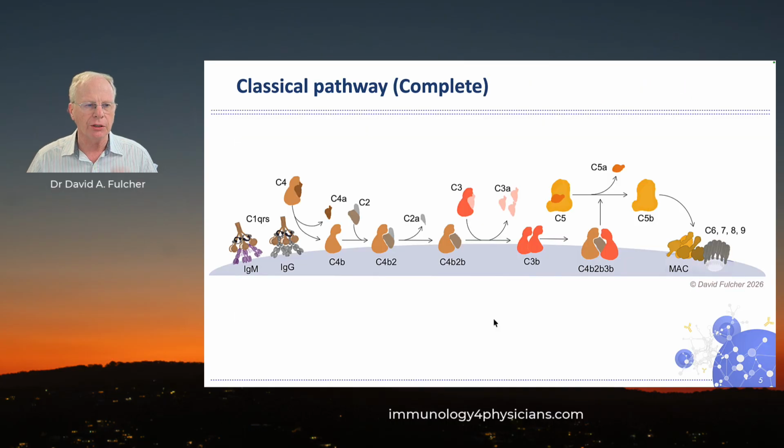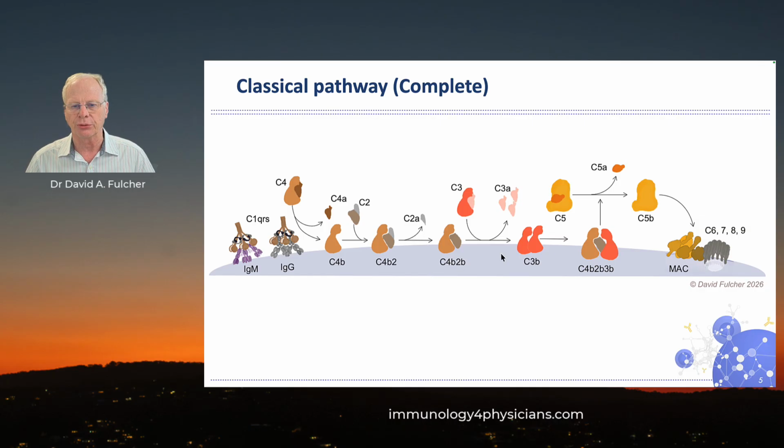Okay, so here's the whole classical complement pathway in a nutshell. You should know this, I hope, by now. Starting with C1, C1qrs, interacting with immunoglobulin, recruiting C4, converting it to C4b, converting C2 to C2b here, and C4b2b is a C3 convertase.